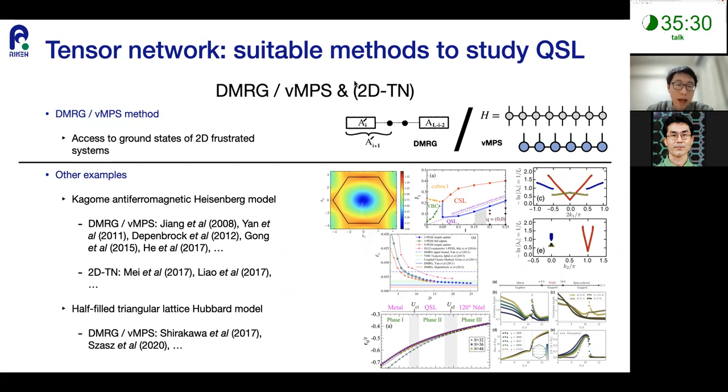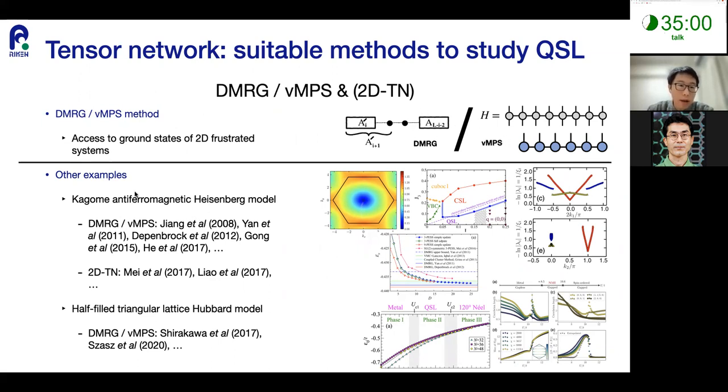These tensor network related methods can directly access the ground state of a two-dimensional frustrated system. For the study of quantum spin liquid, we need to touch two dimensions and the ground state. So this unique feature makes these tensor network related methods very powerful in the study of quantum spin liquid.